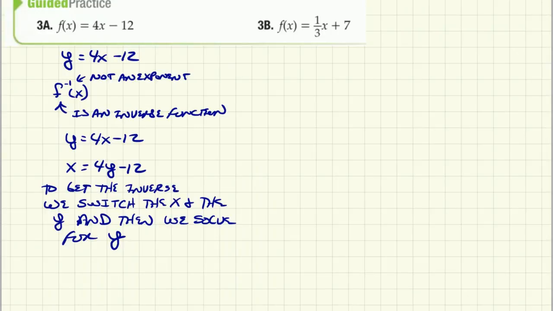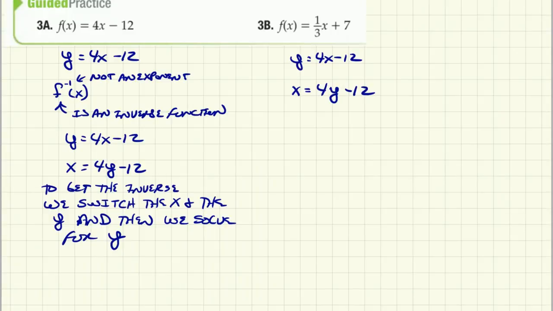So let's start right from the beginning. Y equals 4x minus 12. I'm going to switch the x and the y. X equals 4y minus 12. Now I'm going to solve for y.